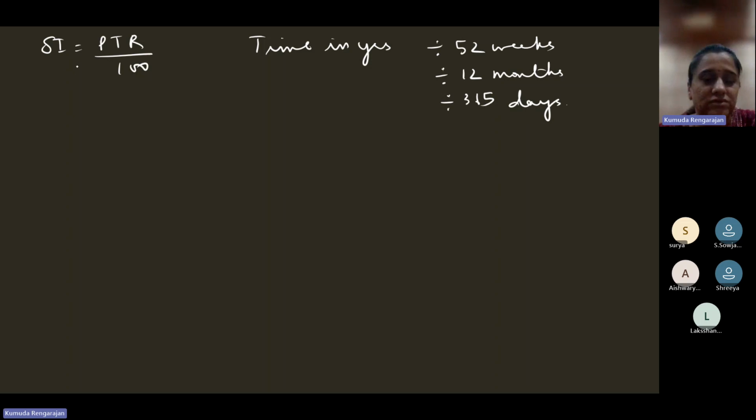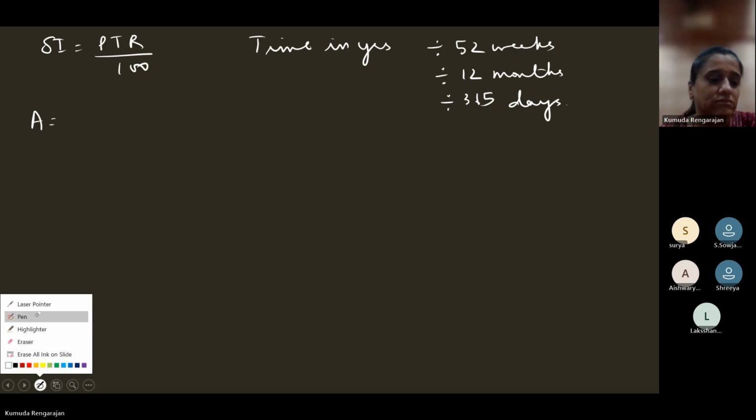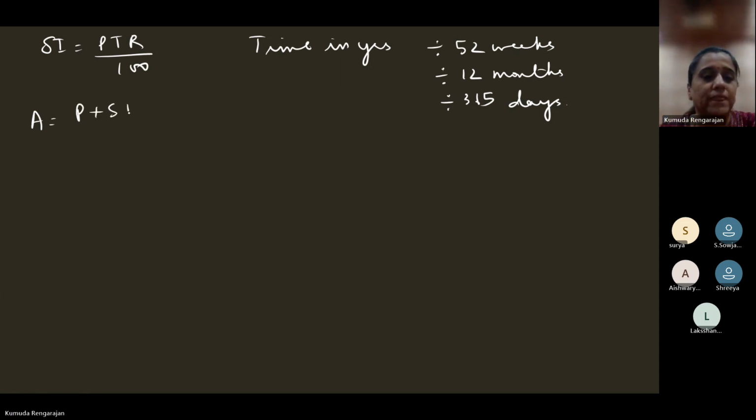So this is the formula to find the simple interest. The amount will be equal to simple interest plus principal. Amount is equal to principal plus simple interest.